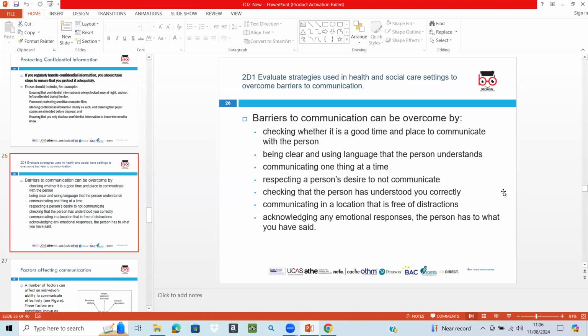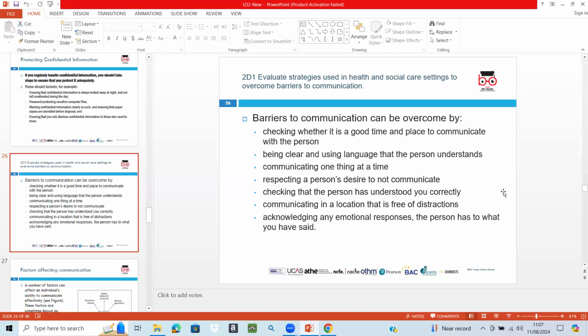Then we have communicate in a location free of distraction. Again, a quiet, comfortable environment makes a big difference in how well communication is received. For example, when discussing a complex treatment plan, sitting in a private room free from interruptions helps the patient focus and understand the information.